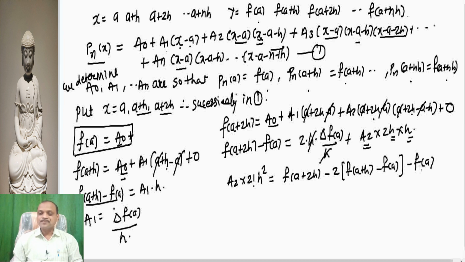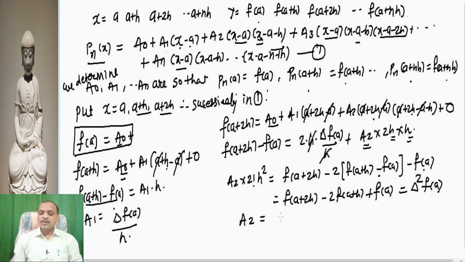So f of a plus 2h minus 2 f of a plus h, plus 2 f of a, minus f of a, which is f of a plus 2h minus 2 f of a plus h plus f of a. But this is the expansion of delta square f of a. So we get a2 equal to delta square f of a divided by 2 factorial into h square.